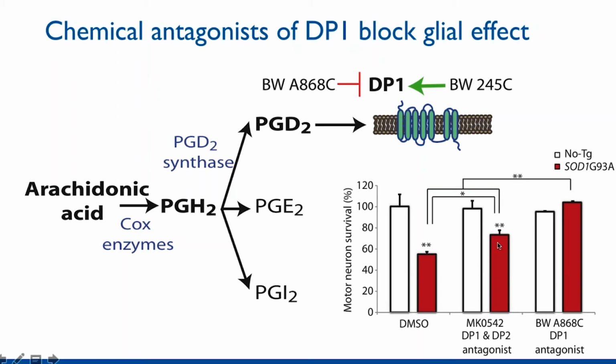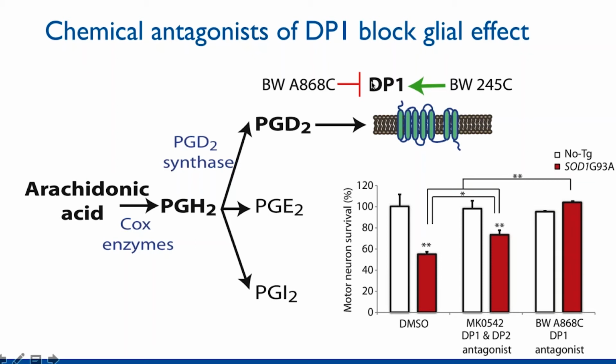So we found that if we treated with antagonists of this receptor, we could indeed basically protect motor neurons from this kind of non-autonomous effect. So here in the white bar, you're looking at the survival of motor neurons treated with non-transgenic glia as a control. And you can see that the antagonist does not affect the survival at all under the wild type conditions.